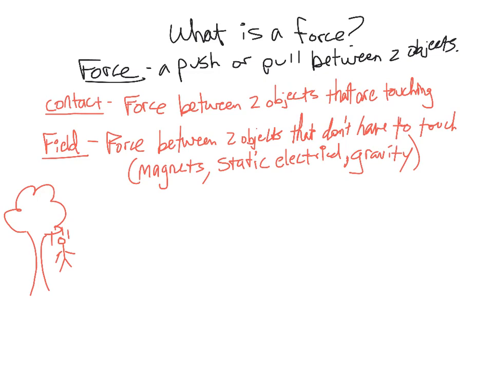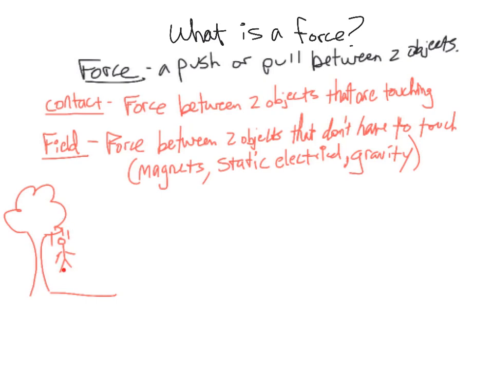while you're falling to the ground, are you touching the earth? The answer is no. Is the earth pulling on you? Yes, that's why you fall. In this case, you are not in contact with the earth, but the earth is exerting a gravity force on you. That makes gravity a field force.